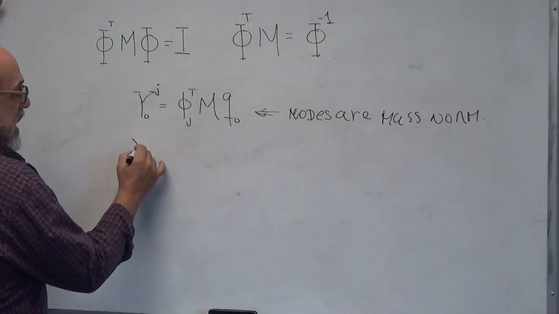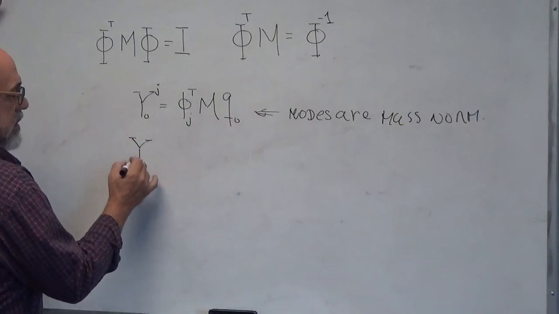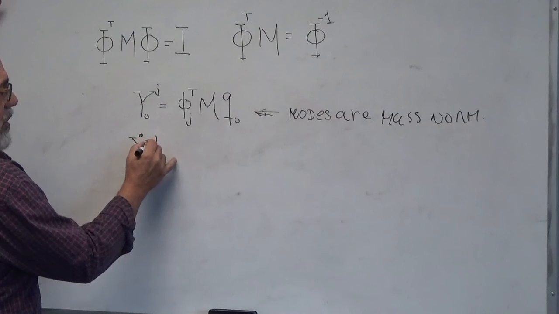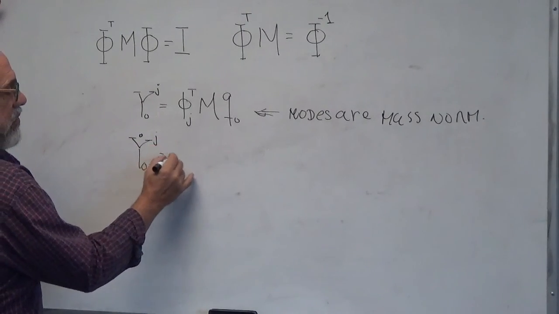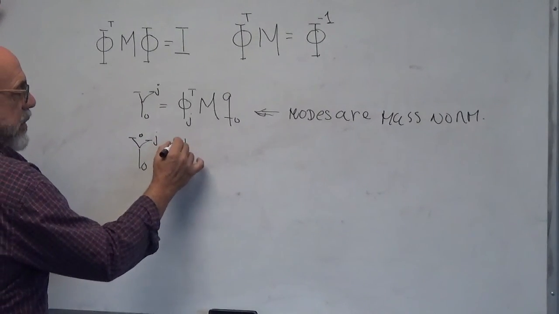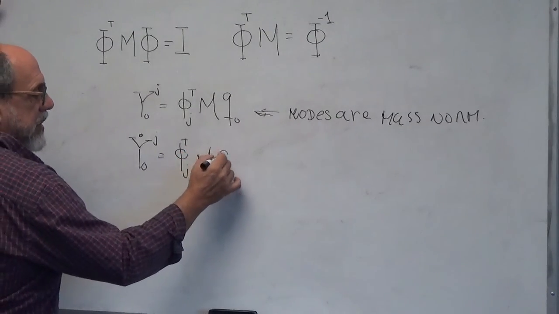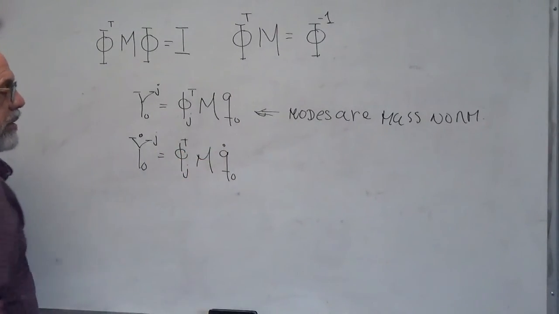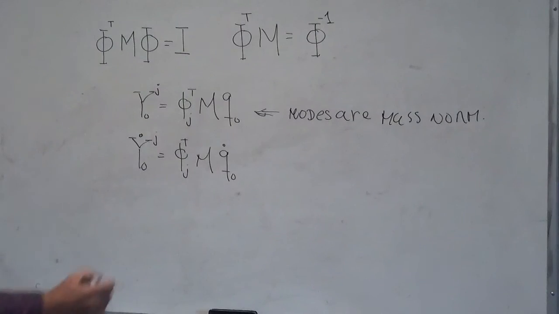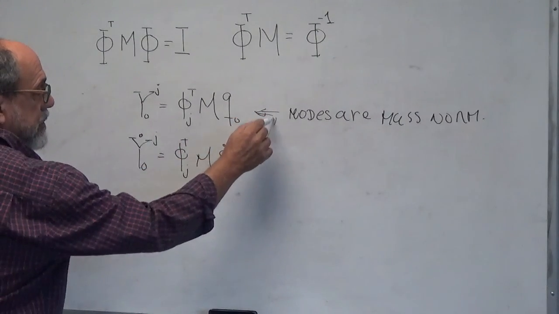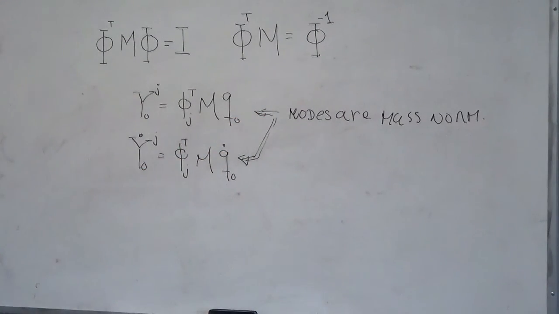I didn't show the exact thing, but it's obvious from the parallel result that Y dot 0 in mode J is just phi J transpose times the mass matrix times Q0 dot, with the modes mass normalized also. So this is the end of the story as far as initial conditions go, as far as the math goes.